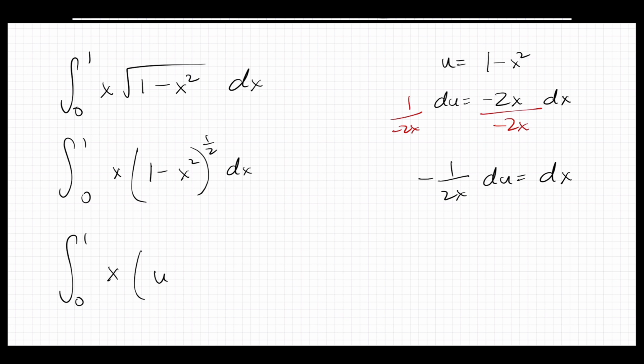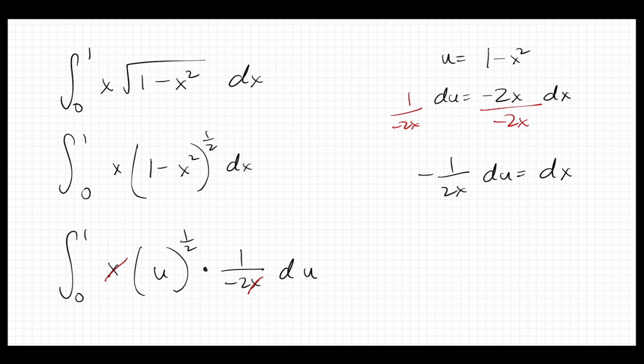So I get x u to the 1/2 times 1 over negative 2x du. The x's cancel out, which we wanted them to. So I get the integral from 0 to 1 of u to the 1/2 du.